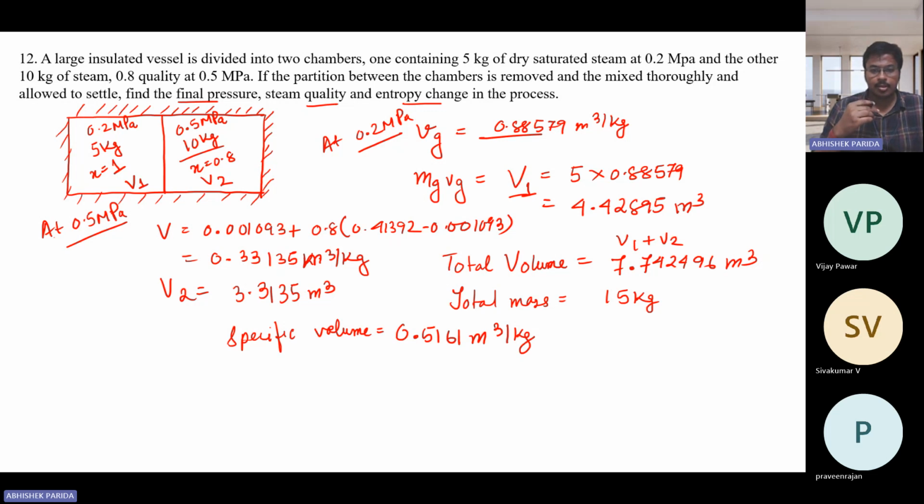Now seeing this, tell me whether the quality will increase or decrease after mixing.